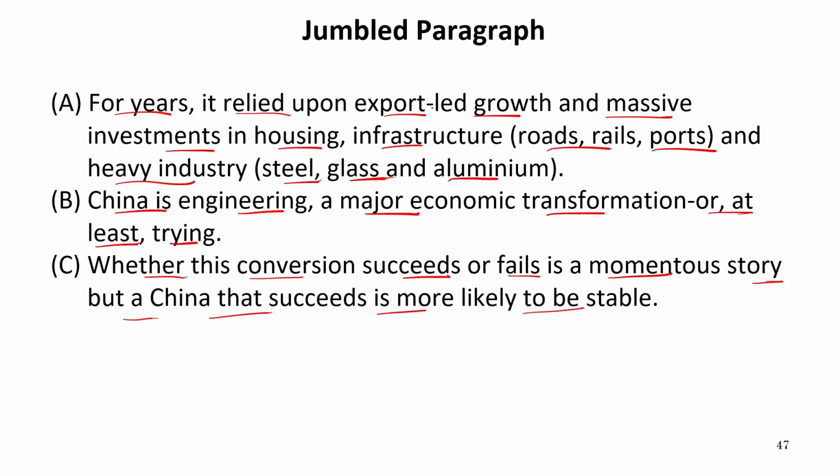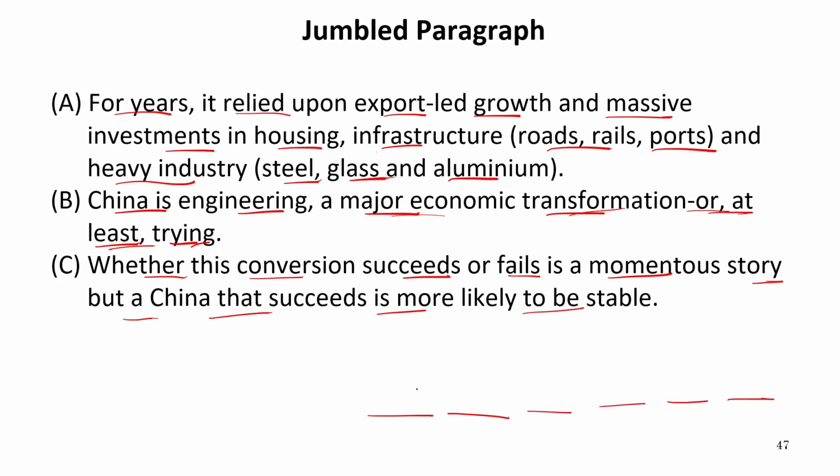For years, it relied upon export-led growth and massive investment in housing. Now, a sentence which can begin the paragraph can be B. China is engineering a major economic transformation, or at least trying. Now let us take B as the first sentence of the paragraph.